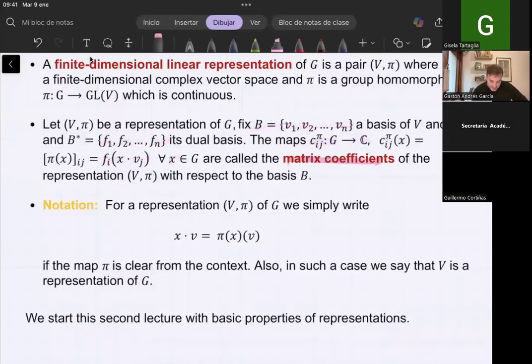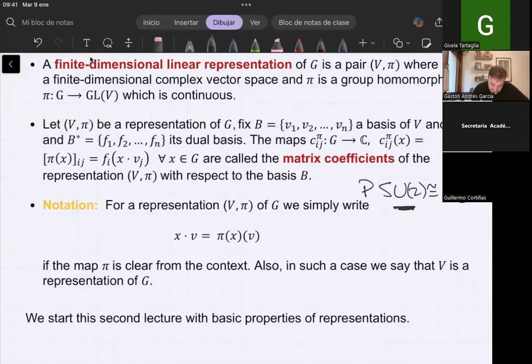So before I forget, in the first class, someone told me I wrote something that was wrong. I wrote that SU2 is isomorphic to SO3, and I don't recall who told me, but it's a double cover. SU2 is a double cover of SO3, and actually he was right, because I was thinking of the proof, but it was wrong.